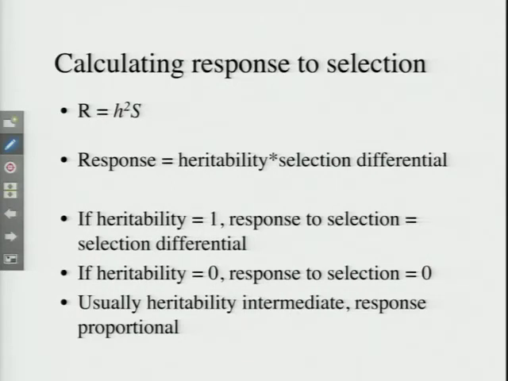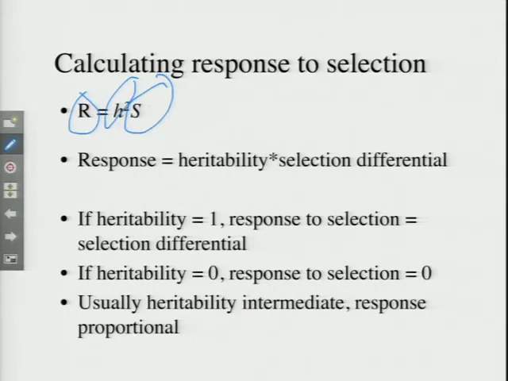A response to selection is evolutionary change across generations, and it's R. How much you expect the population to change from the parental generation to the offspring generation depends on how strong selection is, which seems intuitive, and on the heritability. That also ought to be intuitive, because what links the parent generation to the offspring generation in terms of their trait values is genetics.